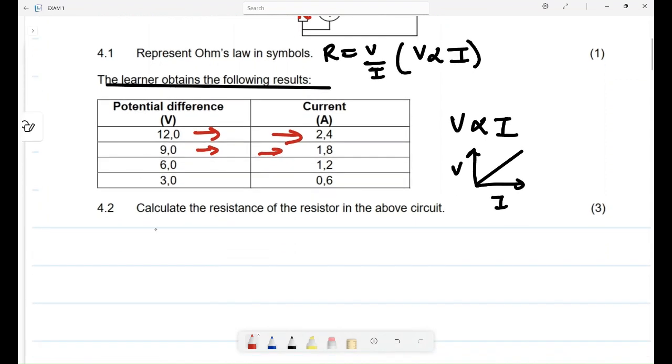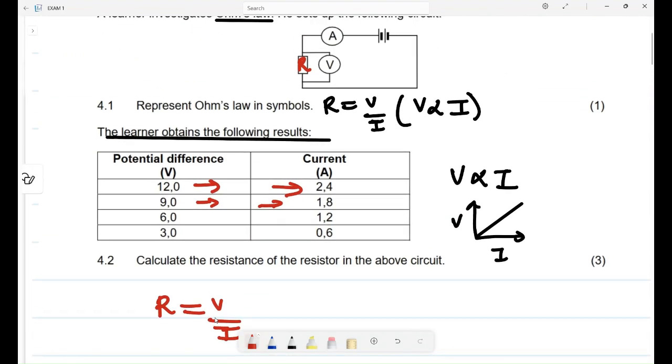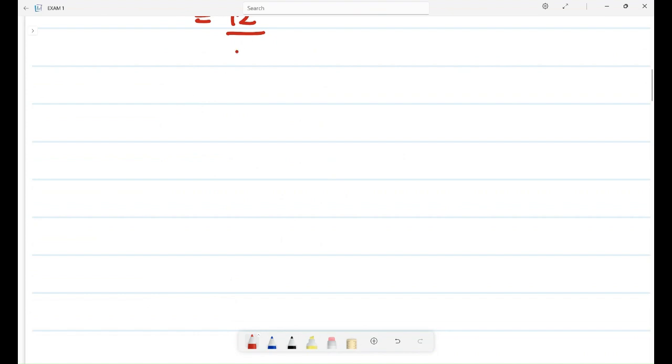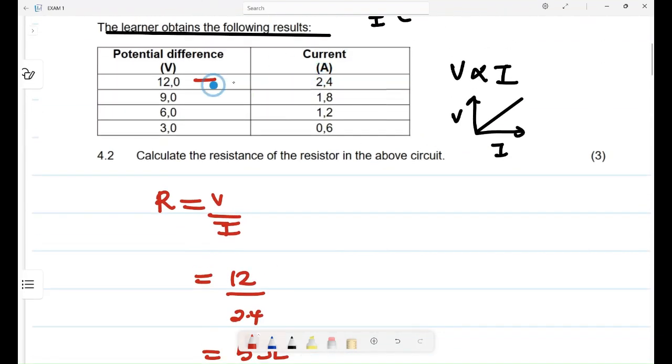So I'm going to say R is equal to V divided by I. What is V? I'm going to choose 12, divided by what is my current? 2.4. Then it gives me 5 ohms. It can also work out if you use the values 9 and 1.8. It will give you the same answer.